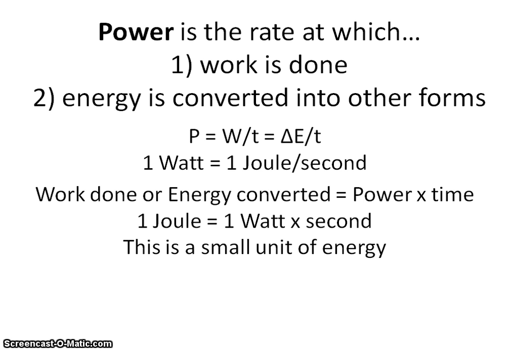Now the thing that we'll really be interested in is we'll usually want to figure out how much work is done or how much energy is converted when we're talking about electrical circuits. And so we rearrange that formula that you have up above to solve for work or energy converted, which means we're going to take power and multiply it by time.